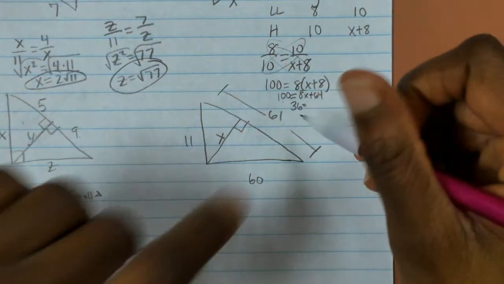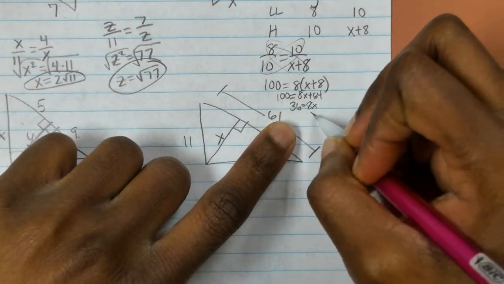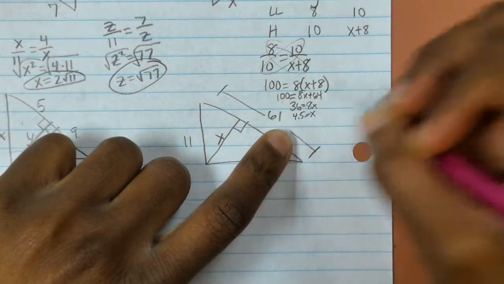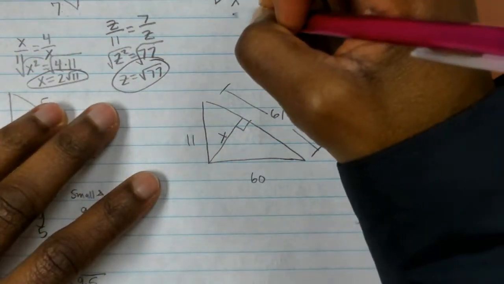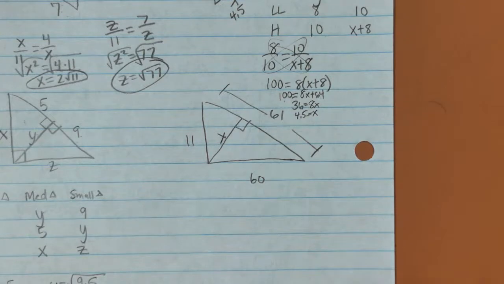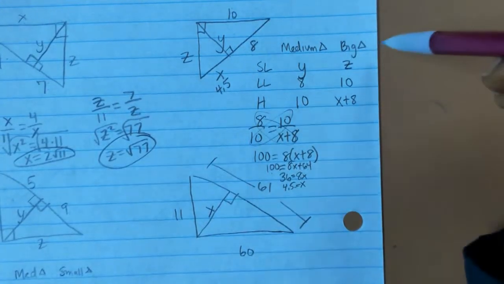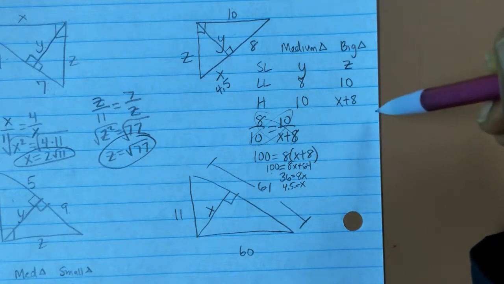Okay, so 36 was 8x, and then dividing both sides by 8, x is 4.5. Okay, so this side is 4.5. At this point, I would definitely use the leg rule. And the reason why is because either I need to add the small triangle, which I don't even have any space to do.